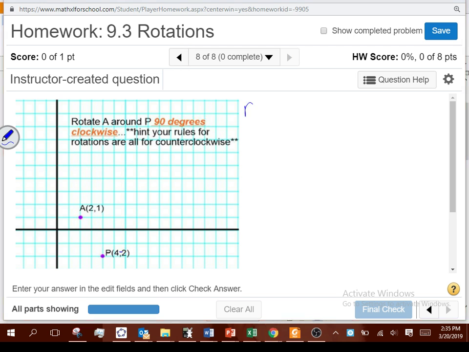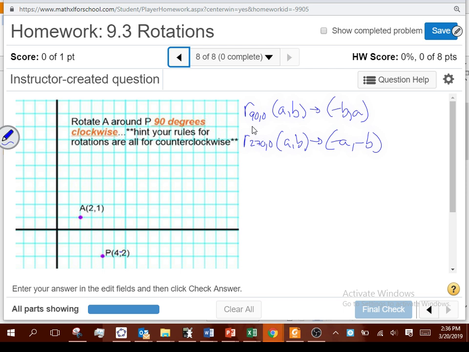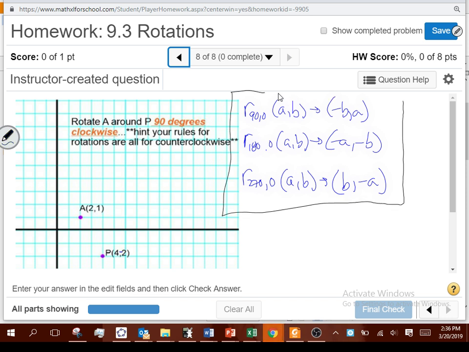Our rules say that a rotation 90 degrees around the origin, A comma B, turns into negative B, A. 180 around the origin of A comma B turns into negative A, negative B. 270 around the origin of A comma B turns into B comma negative A. Okay? These are all counterclockwise, right? Okay? So somewhere I hope you have listed that those are counterclockwise movements. This one is saying clockwise.